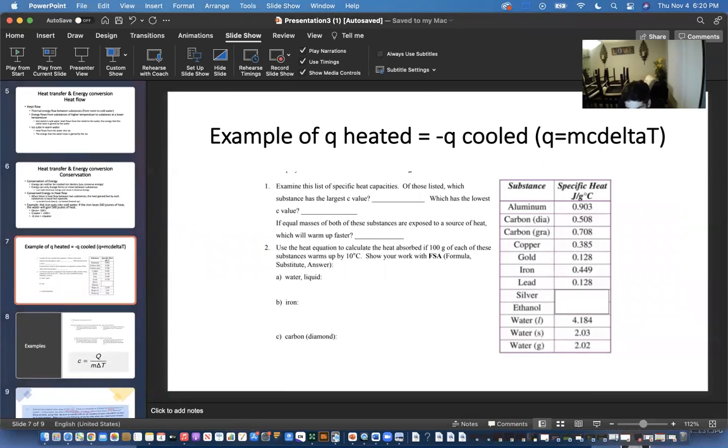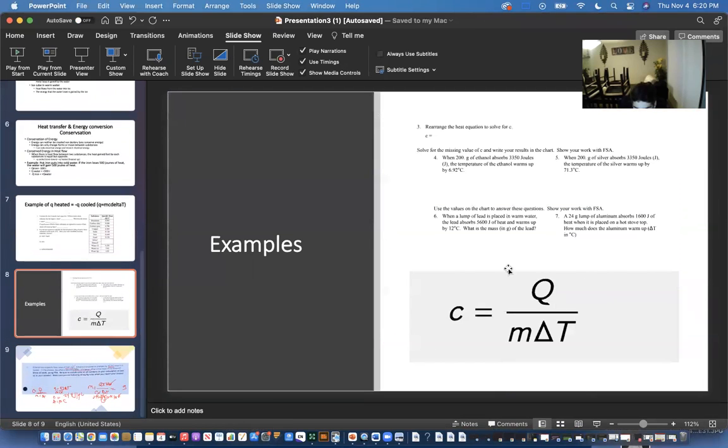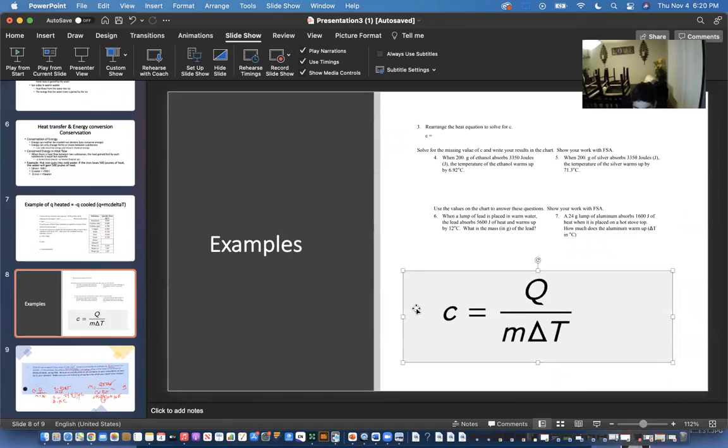And then everything else you just divide, right? Because if you were looking for temperature, then the equation would be the same thing. You just move temperature here, and heat is always going to be at the top, and the rest is going to be multiplied at the bottom. And you divide that. So if you're looking for specific heat, C equals Q over mass times temperature.